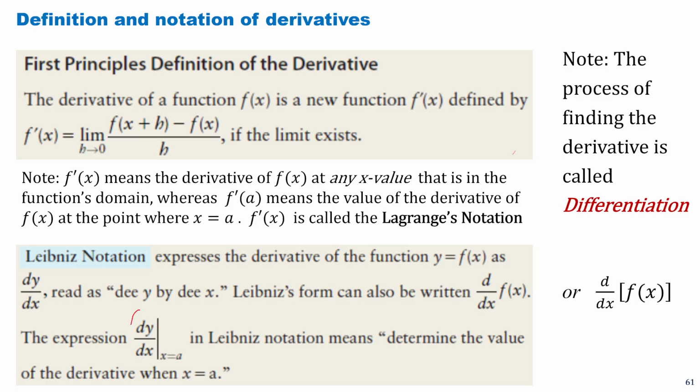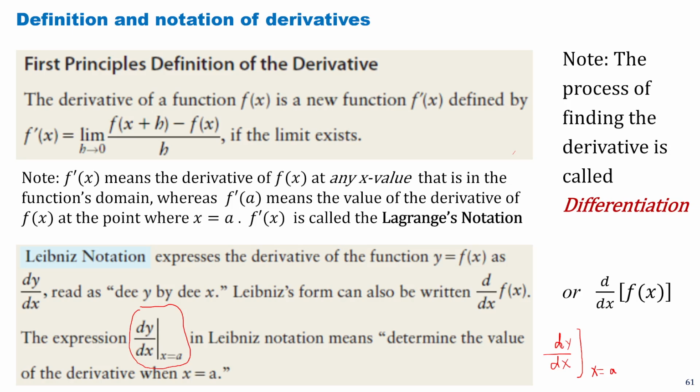This means the derivative of that function at a particular point. And sometimes you could also use dy/dx in a single square bracket, x equals a. That means determine the value of the derivative when x equals a. Did you get it?